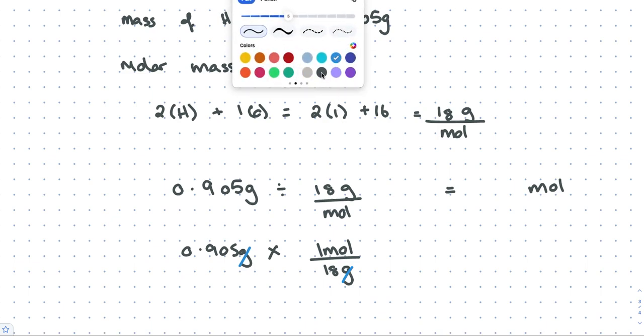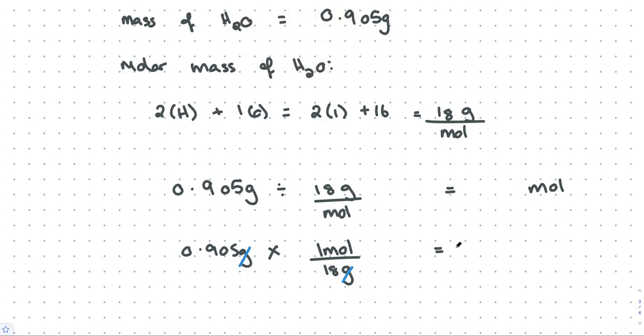So now if I do that out for us, it's going to be 0.905 divided by 18, and I get 0.05028 moles of H2O. So keep up the labelling.